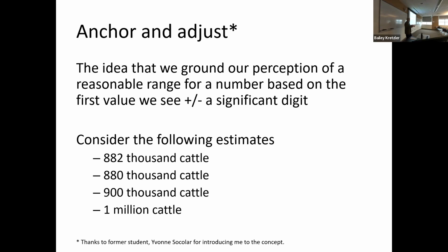And then we adjust to see, okay, what's a reasonable range around that number? Maybe we didn't get quite the right number. And the range you adjust would be, it might be more than one significant digit, but it's not any more than one. And I came across this idea thanks to a former graduate student of mine who wrote a paper on this. And it stuck with me because you only get that first chance to make a good impression.